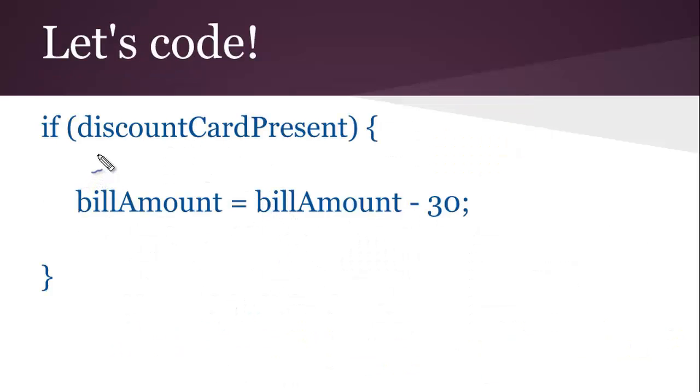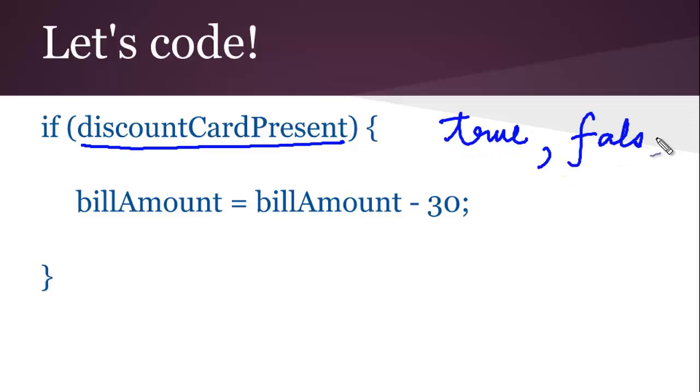Now if we try to convert it into code, suppose discountCardPresent is a boolean variable with values true or false. So now see this: if discountCardPresent, if the value is true, then this statement, or set of statements, more statements can come here, will be executed.